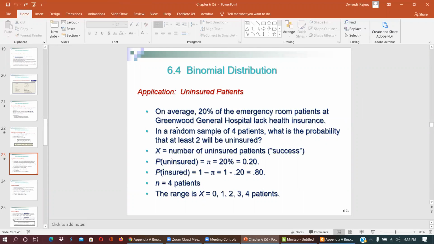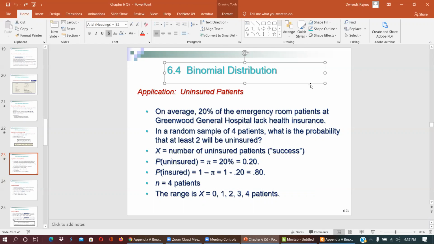If they take a sample of 4 randomly, so this is a statistic in a hospital, they go and take a sample of 4 people. What is the probability that at least 2 will be uninsured?